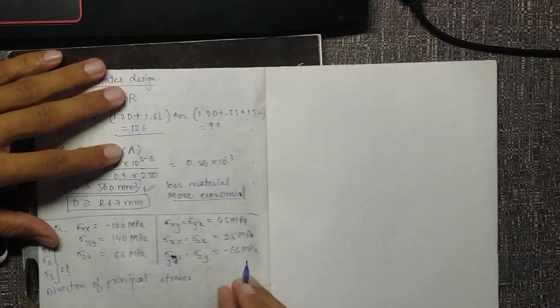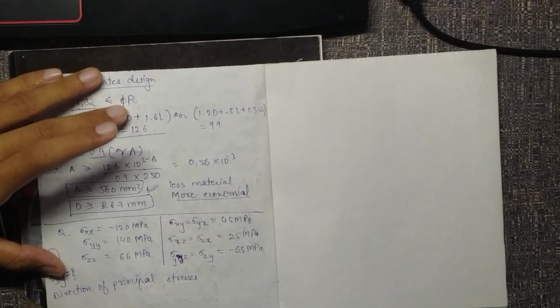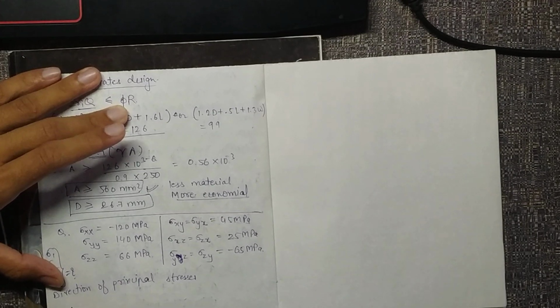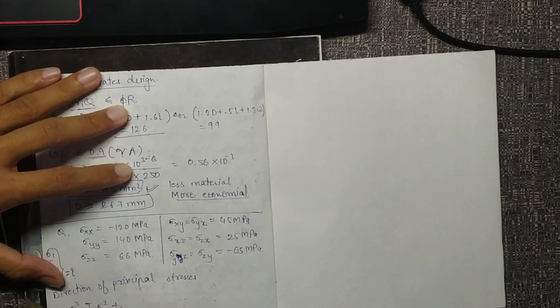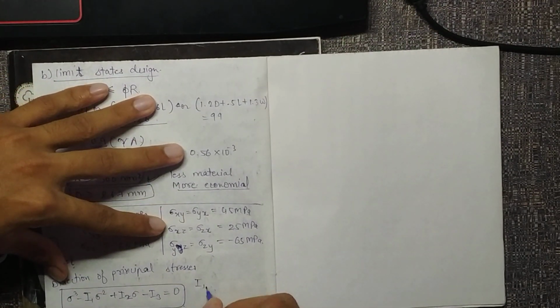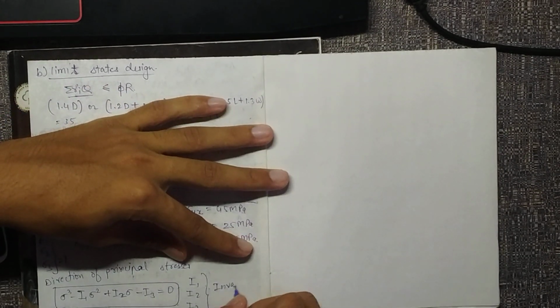So I need to have this equation, which is sigma cube minus I1 sigma square plus I2 sigma minus I3 is equal to 0, and these I1, I2, I3 are invariants of stresses.